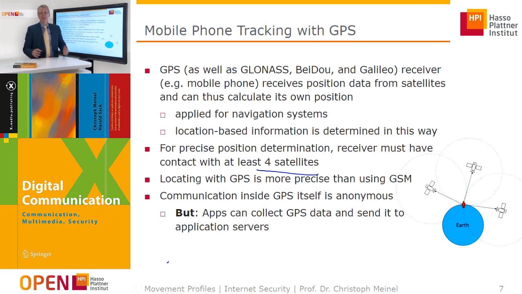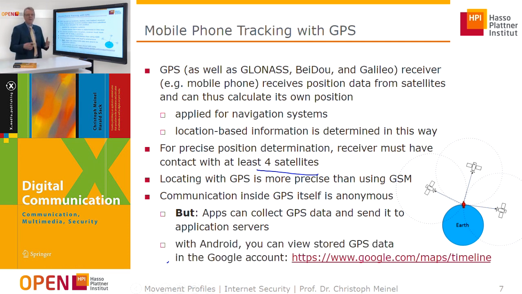For example, to the application that recommends restaurants. They need the data to be able to answer a question and send a recommendation for the next restaurant. But then the application provider has all this data, also the movement data of the person, the GPS information. And it's not clear what the provider is doing with that data.